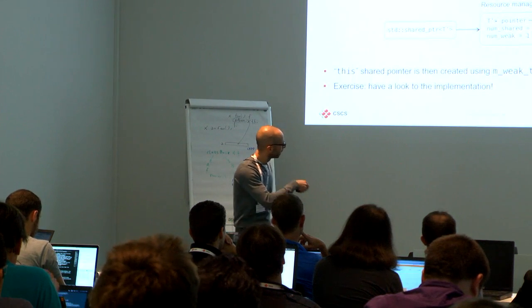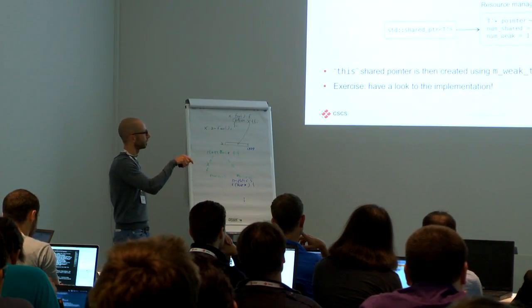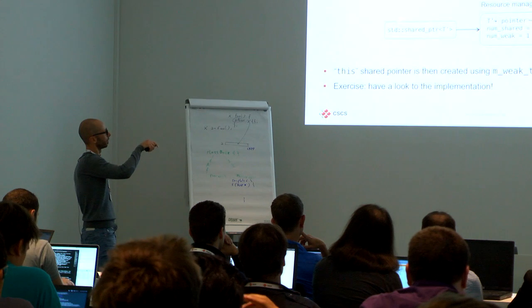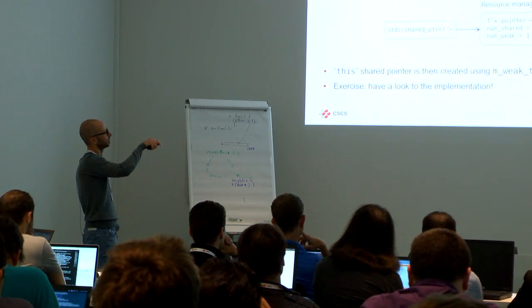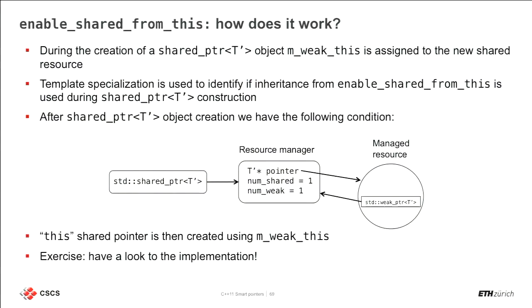And so finally you will end with a condition like this one. You create a shared pointer to this type T prime, which just means that it is your original object type plus the parts that are obtained through the inheritance. This shared pointer, of course, creates a resource manager and a managed resource, so a dynamic allocation for this kind of type. And here you will have a weak pointer back to the resource manager.